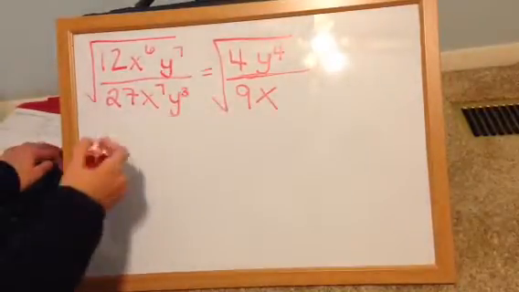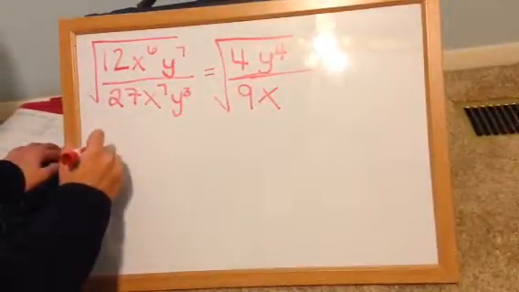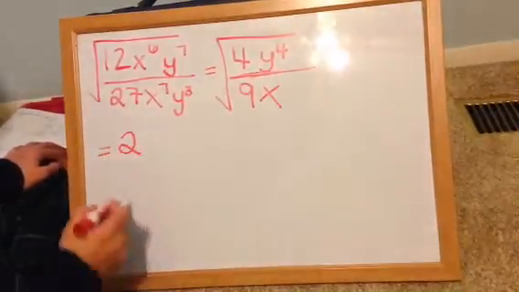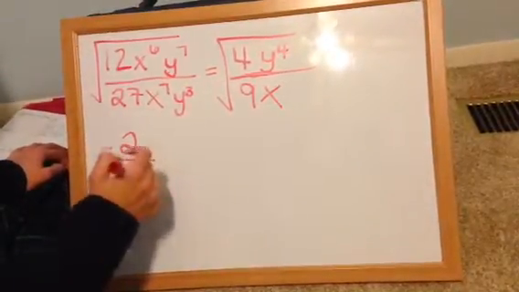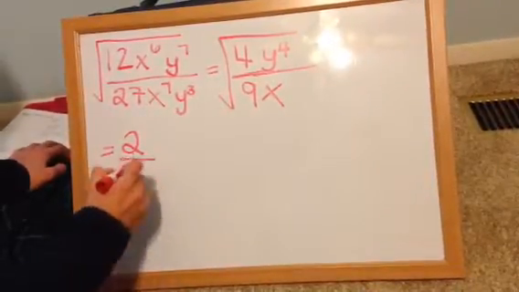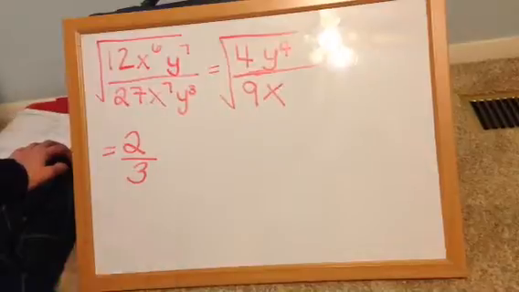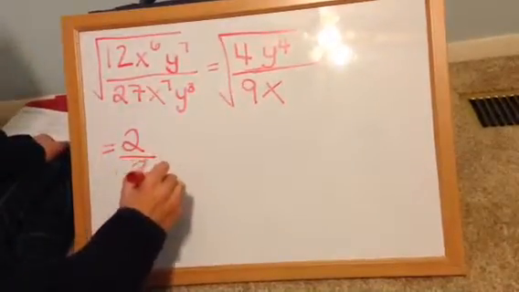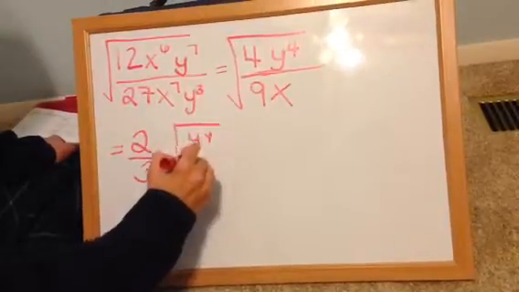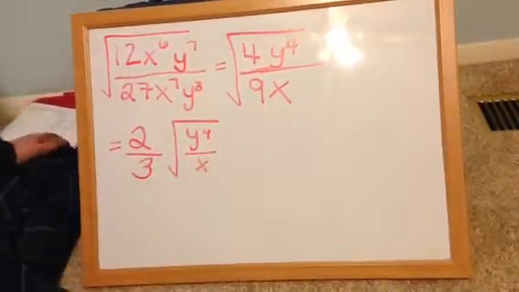So I know the square root of 4 equals 2, so I'm going to go ahead and pull the 2 outside of the radical. I know the square root of 9 is 3, so I'm going to pull the 3 outside of the radical. And now what I'm left with is y to the 4 over x.